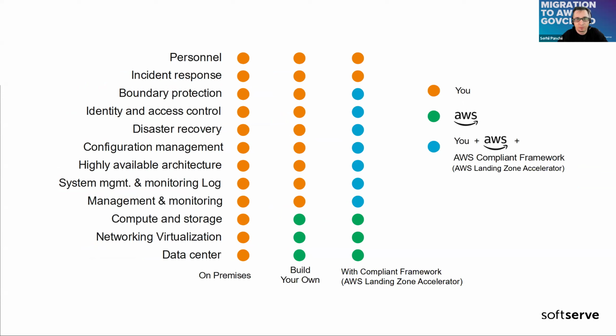Here we have another type of AWS shared responsibility model in comparison with using the AWS compliant framework, also known as AWS Landing Zone Accelerator. It's a great chance to compare those areas and what should be done by the client if we do not choose Landing Zone Accelerator for our infrastructure.